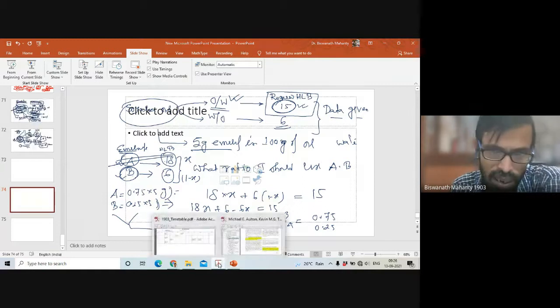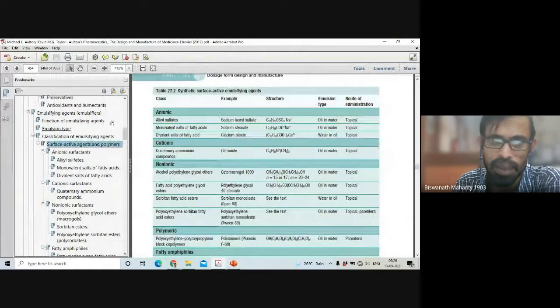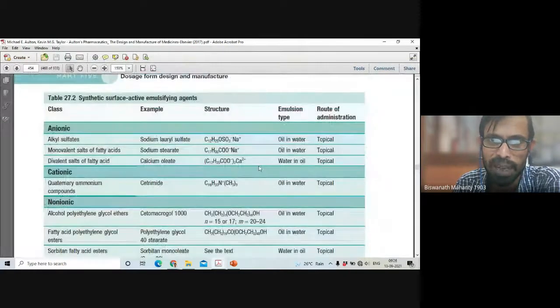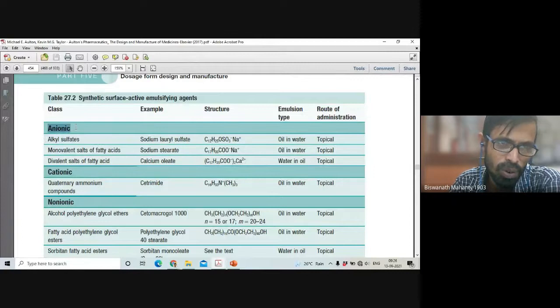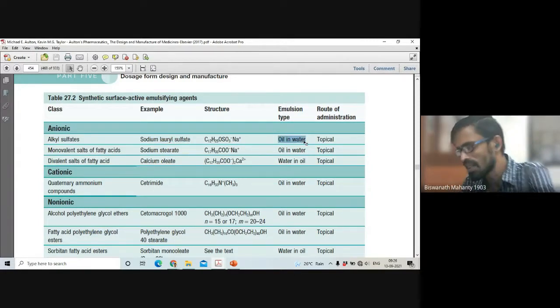I will go to the textbook portion also for some small discussion. You see what are the different kinds of emulsifiers normally people are using. Anionics, you go through this book also. That is sodium lauryl sulfate. We normally use it in very significant amounts, and SDS is used primarily for oil in water emulsion, because SDS is moderately, it makes emulsion, but it loves the water phase more.